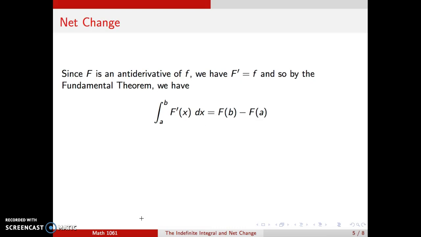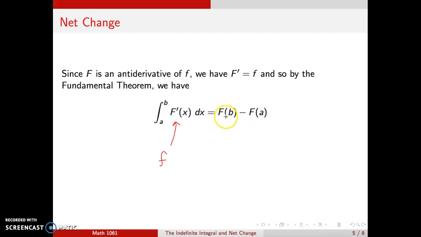The other thing I want to mention here is net change. If capital F is an antiderivative of lowercase f, then capital F prime equals f. By the fundamental theorem, part 2, if f is continuous, then the definite integral from a to b of lowercase f is capital F of b minus capital F of a.